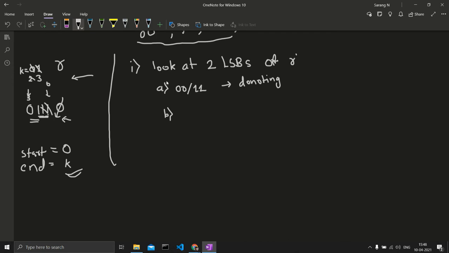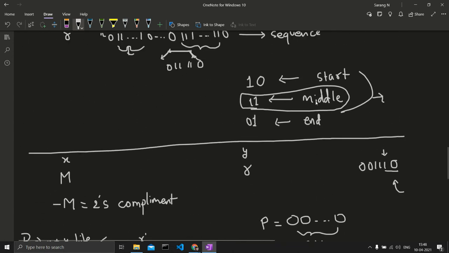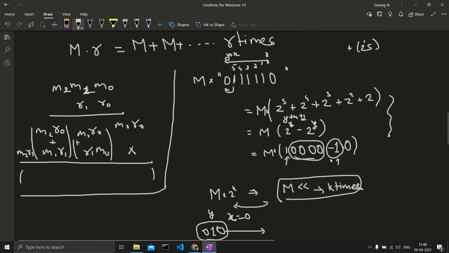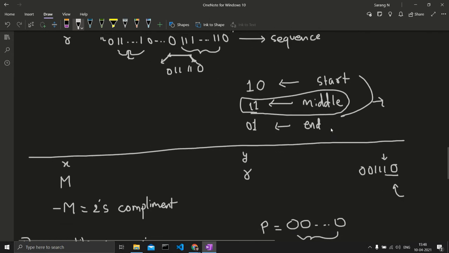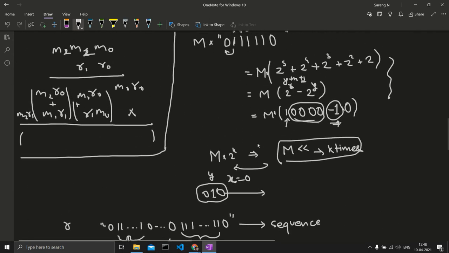It will be clear during the algorithm why we use k. So the next case, besides 0 0 or 1 1, will be the start. What will be the start? Start would be 1 0. If it's a start, we have to add negative m.